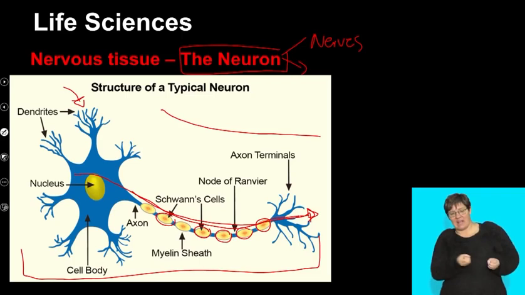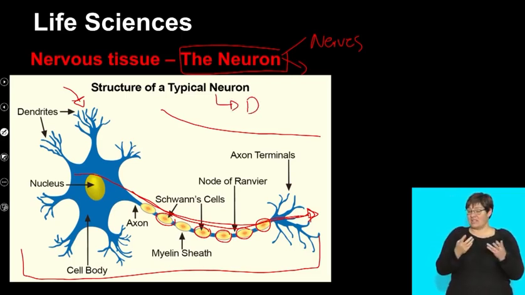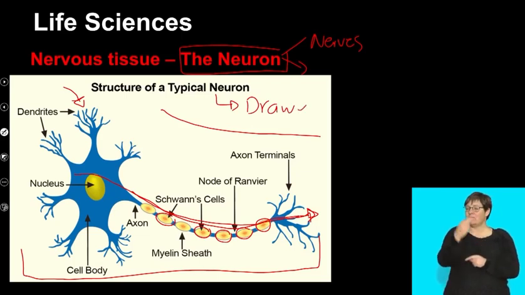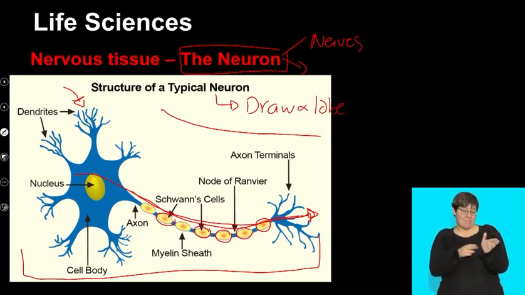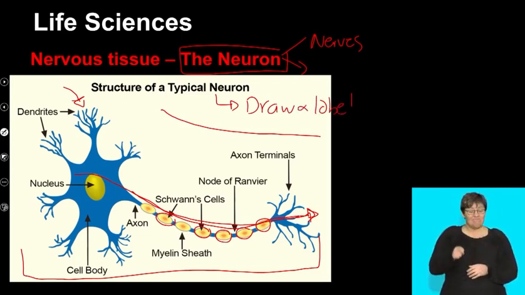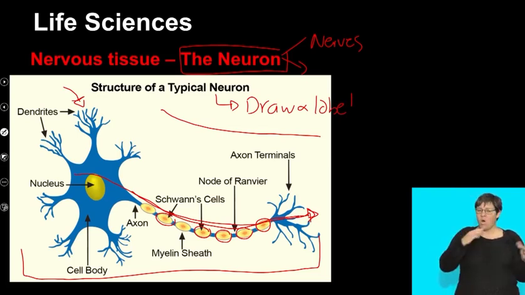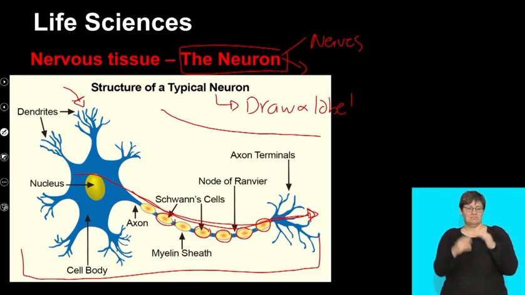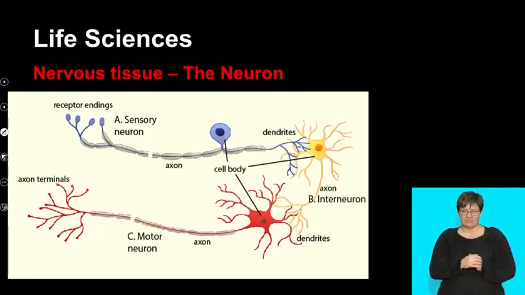When it comes to this type of mammalian tissue, you need to be able to draw and label this. It's one of the simpler tissues. It's just a single cell. It's much simpler to draw and label. And you're going to look at this section a lot more when you look at the brain and the spinal cord.